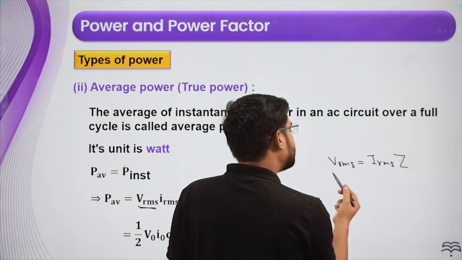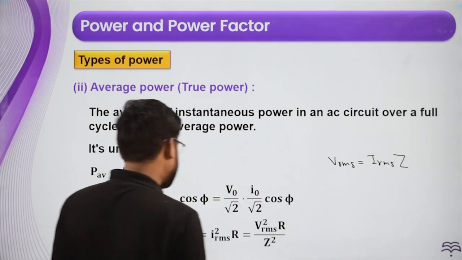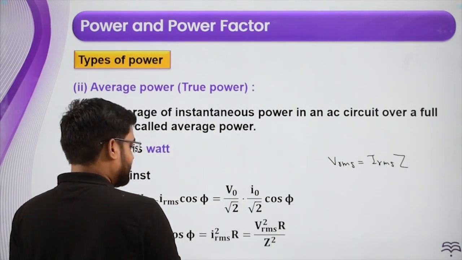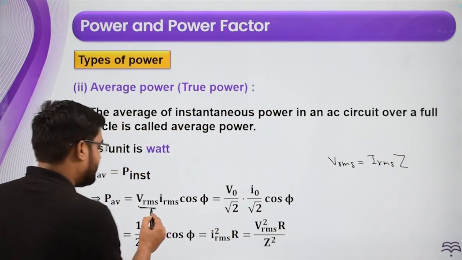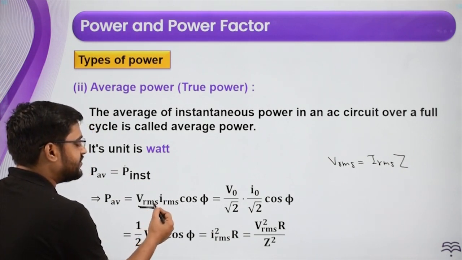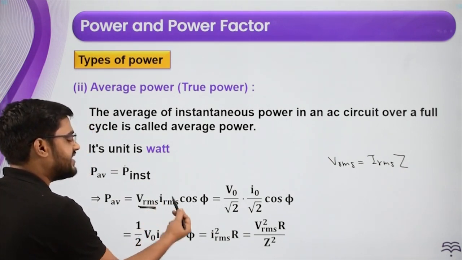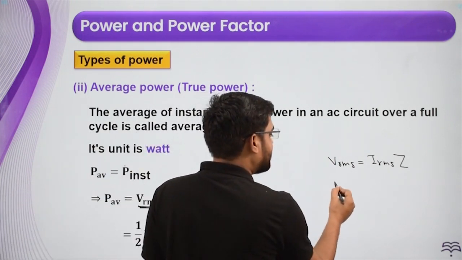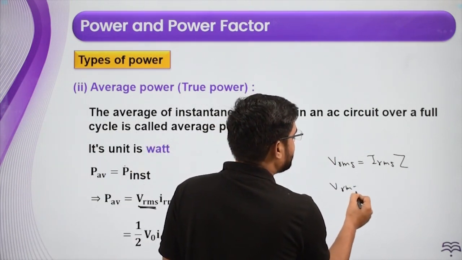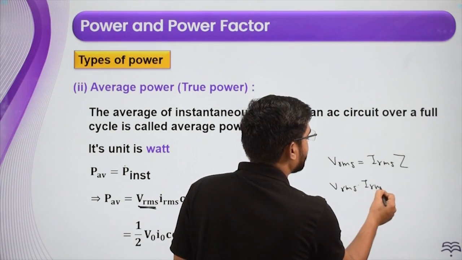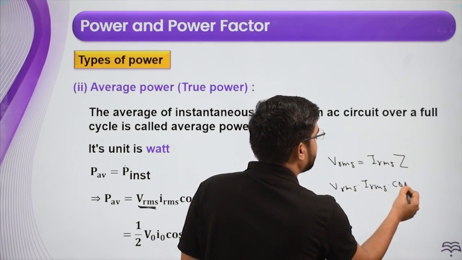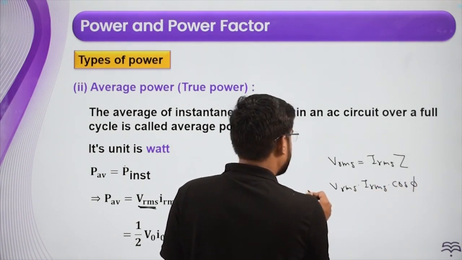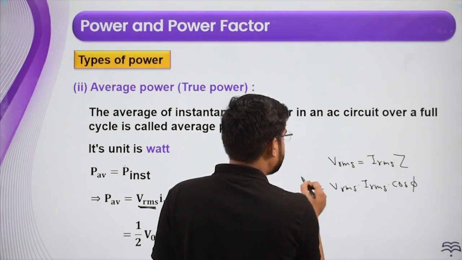So we can also write that VRMS is IRMS into Z. So here instead of this V, if we put IRMS into Z, it becomes IRMS square Z cos phi, right? This is the expression for power, the average power.